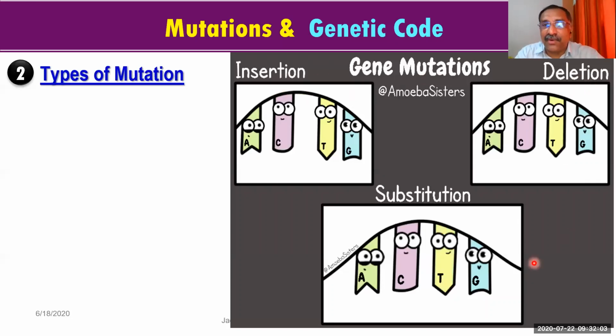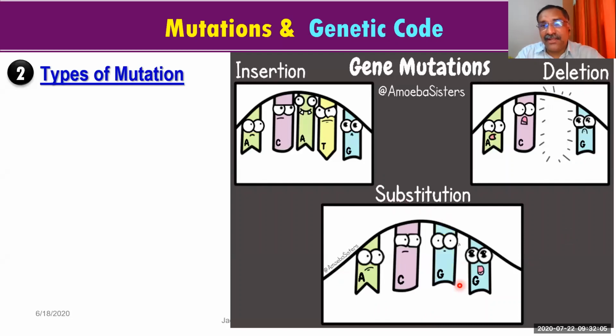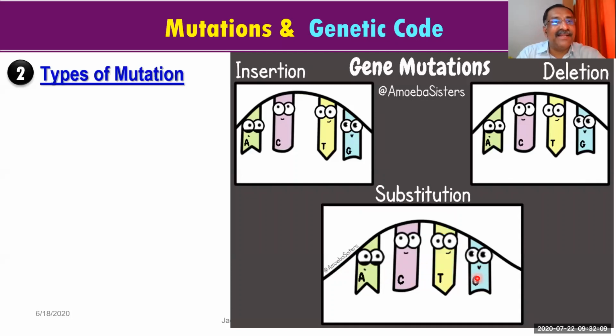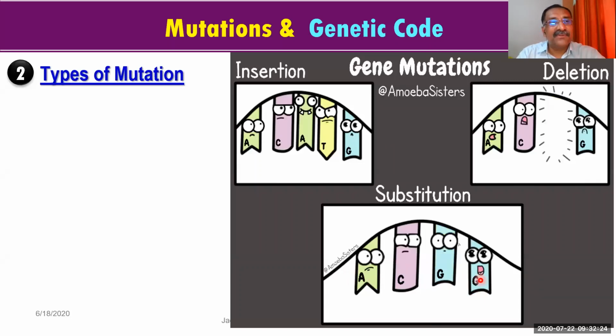Now you see another one over here. Just observe what is happening over here. You tell me and write there in the chat box what is happening over here and where changes occur. Observe this one. Yes, the G is changed.